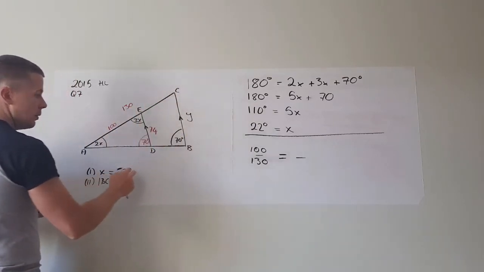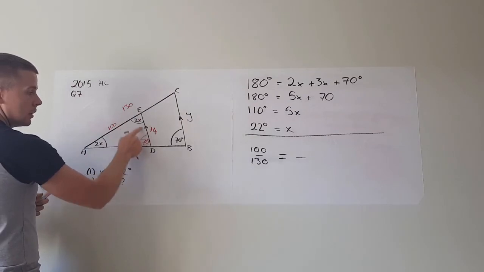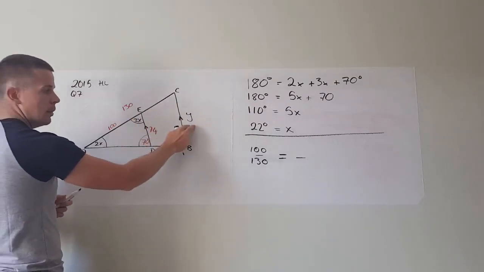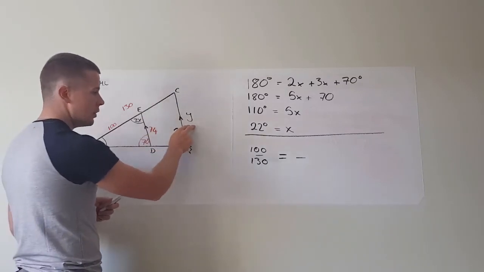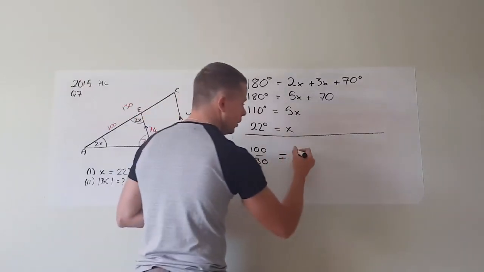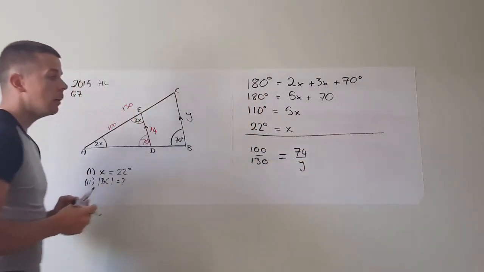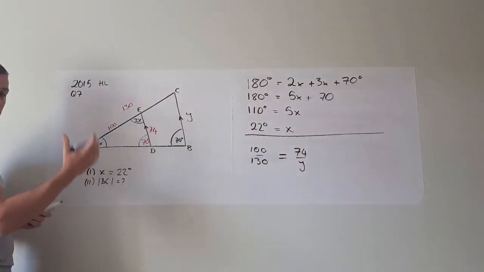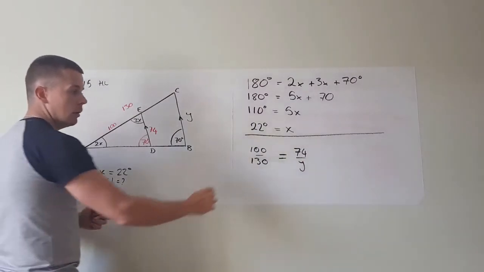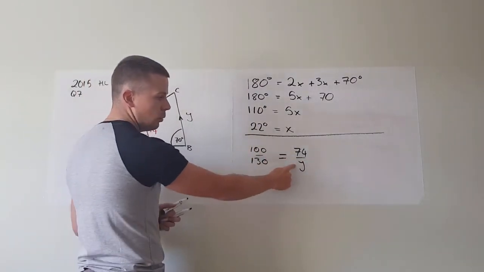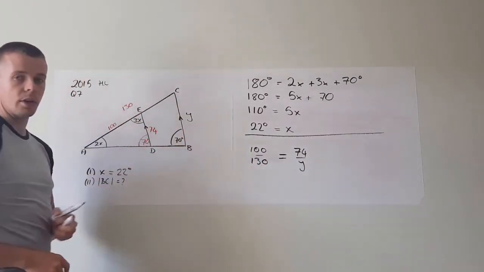That then is equal to the smaller side in the smaller triangle, and let that equal its corresponding side in the larger triangle. So it'll be 74 all over y. Okay, so we've set up a ratio of 2 sets of fractions. We know 3 of the lengths, and the 4th is the y that we're trying to find.